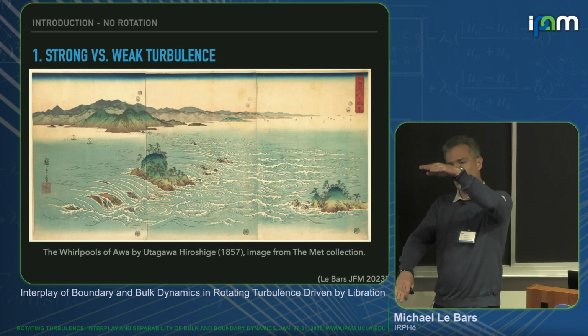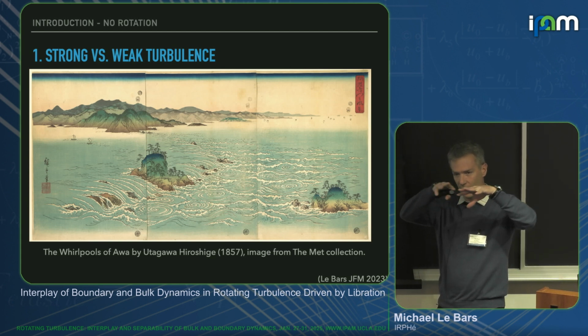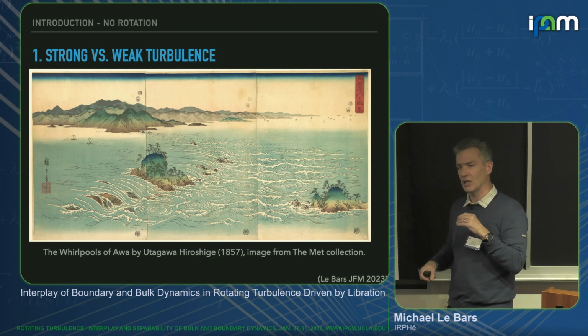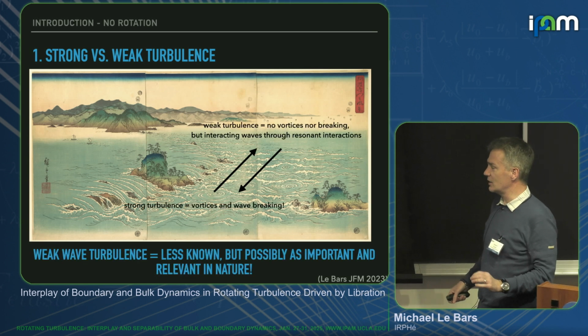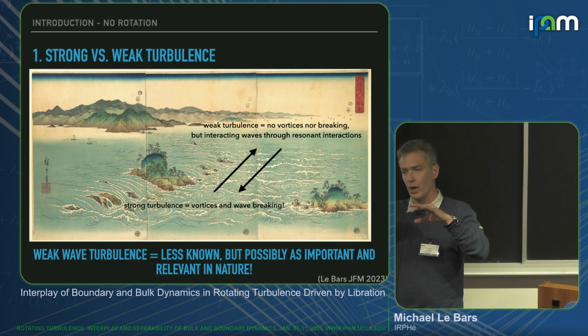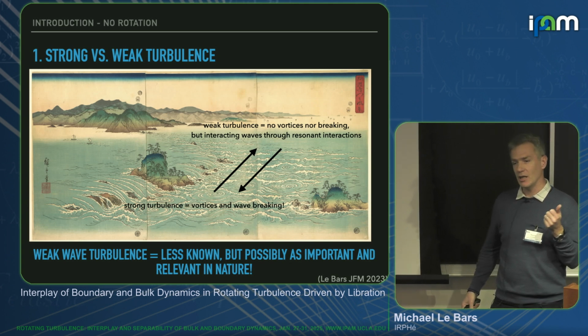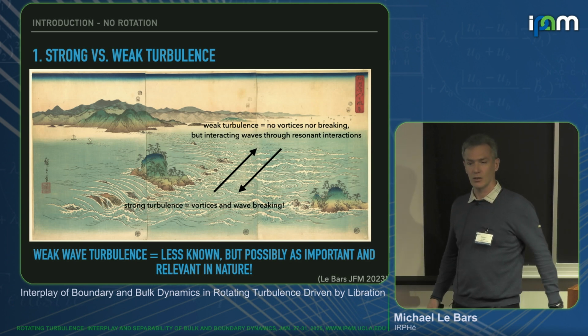So in a deep ocean where the wind is slowly blowing over the surface, you will have lots of little wiggles which will interact through nonlinear interaction. So no breaking, no large-scale vortices, only weak amplitude waves, but still turbulent because the Reynolds number is large, and you have dominant nonlinear terms.